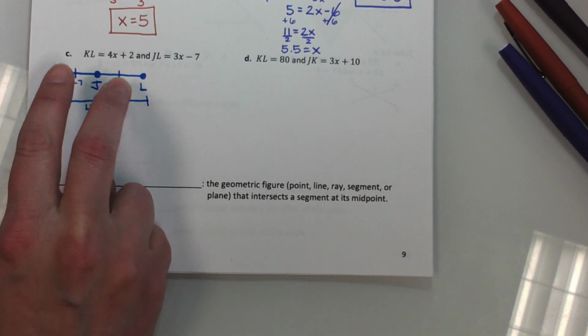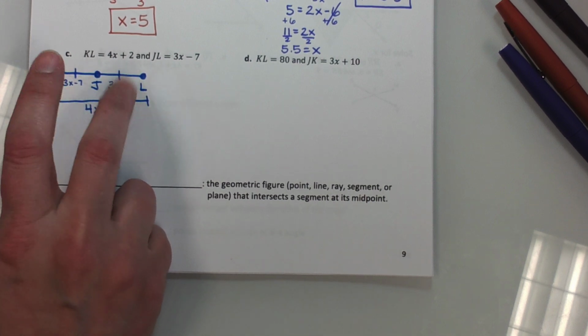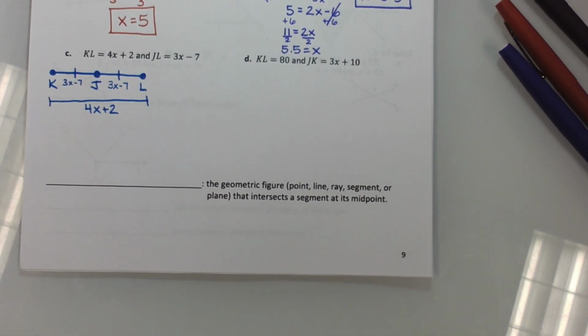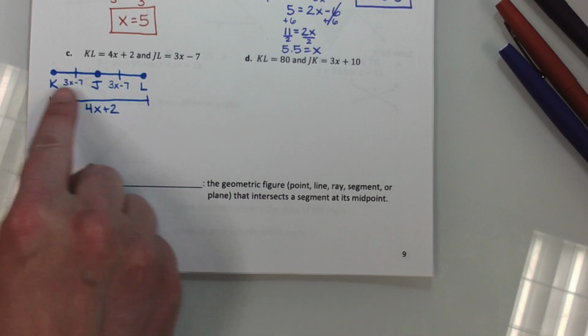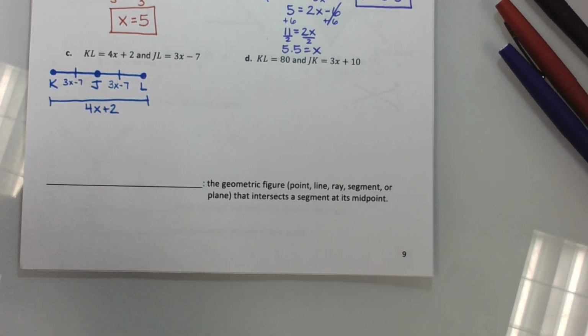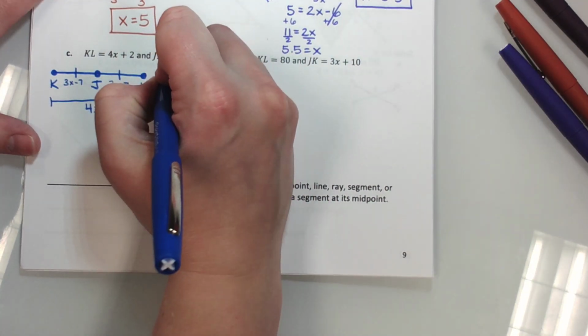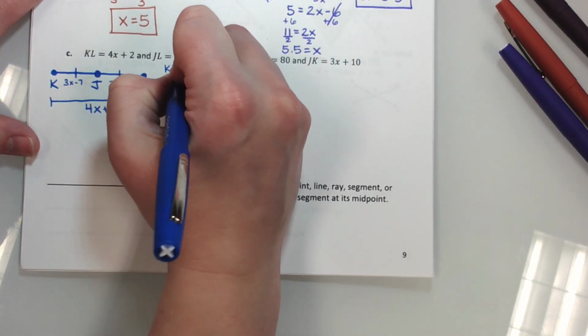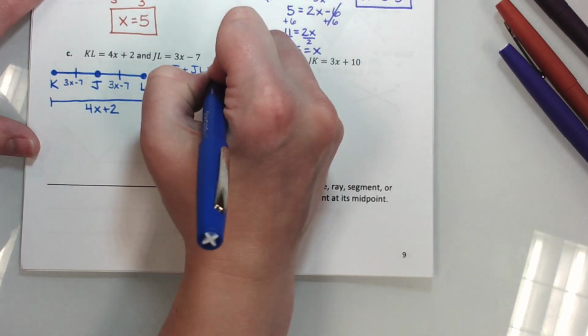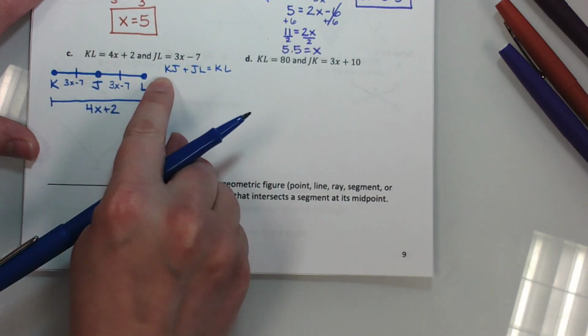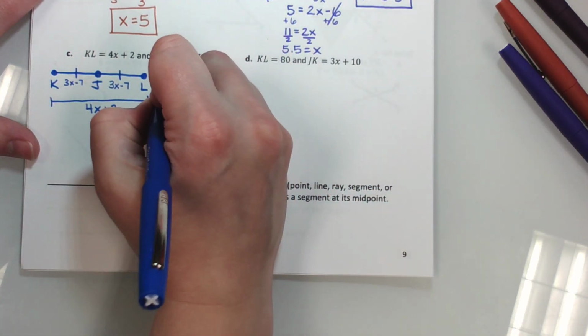We don't know them as different things, we know them as the exact same thing. You want to solve? That plus that equals the full thing across. It goes back to what we did yesterday and what we did last week. KJ plus JL is still equal to KL. Part plus part still equals the full thing.